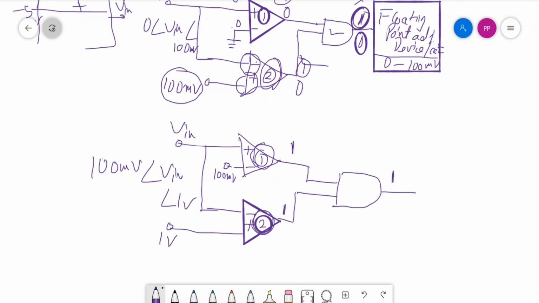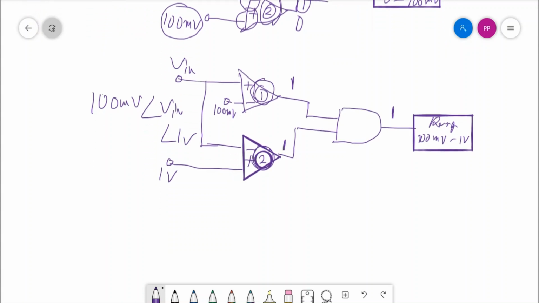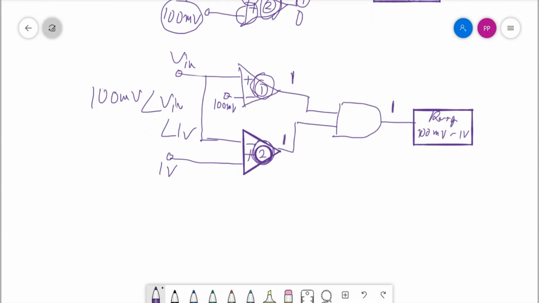Now this will go to the output where the range is 100 millivolt to 1 volt. So in this way we can have different ranges. So this should be the range of 0 to 100 millivolt.